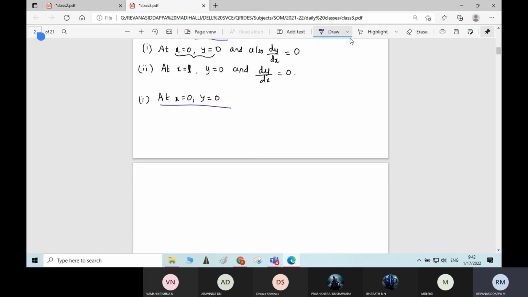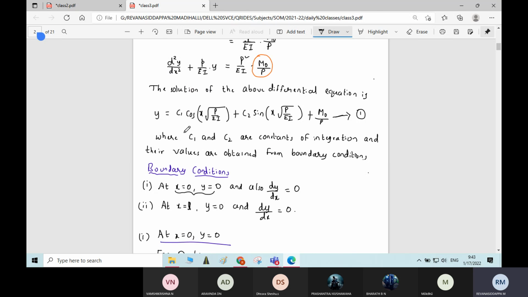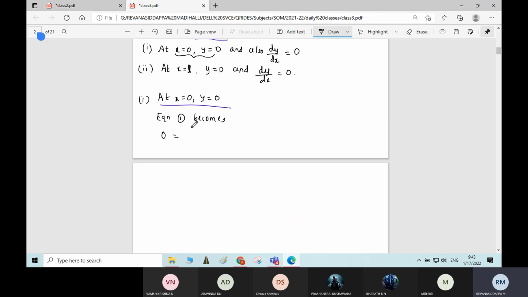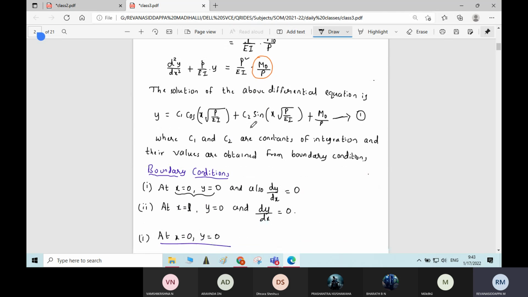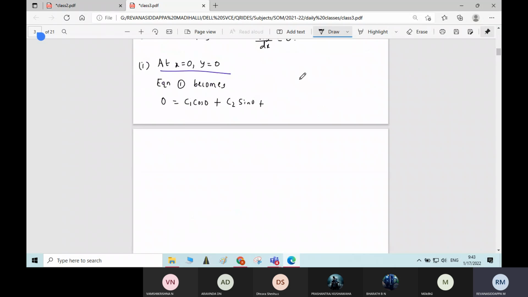So equation 1 becomes y equal to 0, that is 0 is equal to c1 cos 0 plus c2 sin 0 plus we have one constant, that is M0 by P. Write as it is, plus M0 by P.